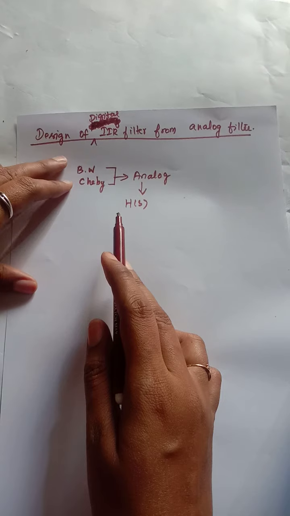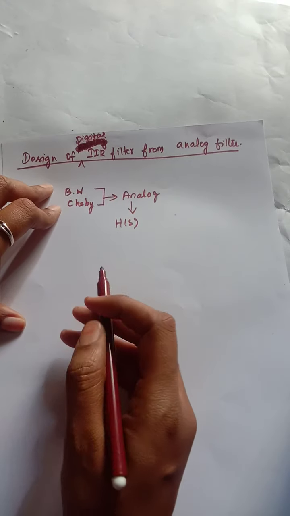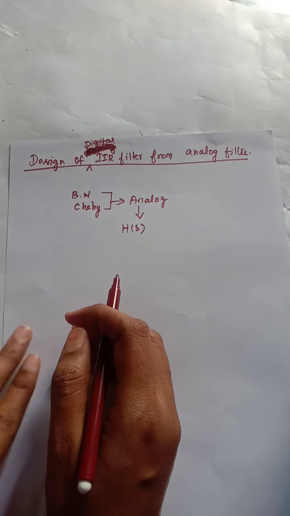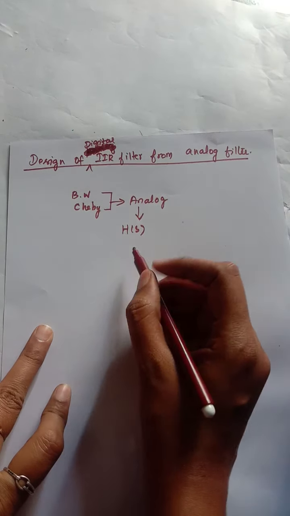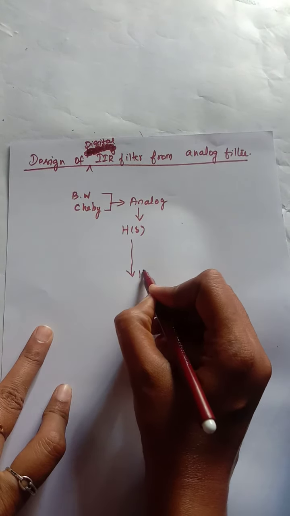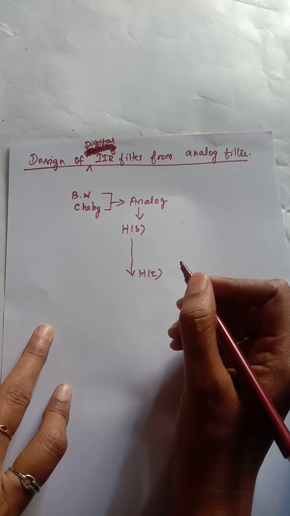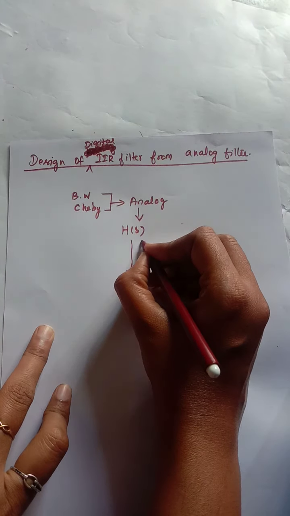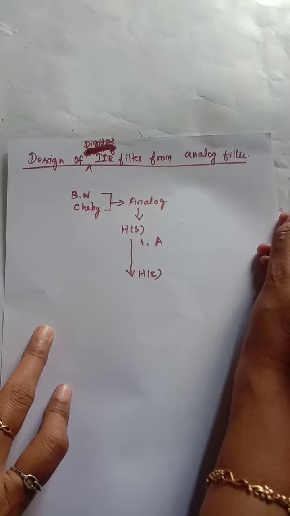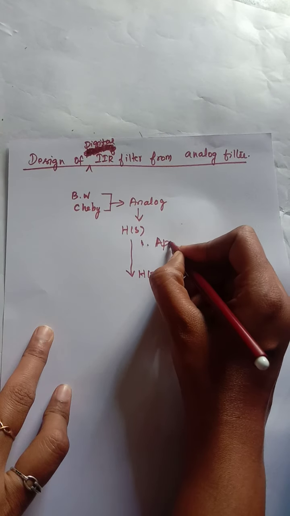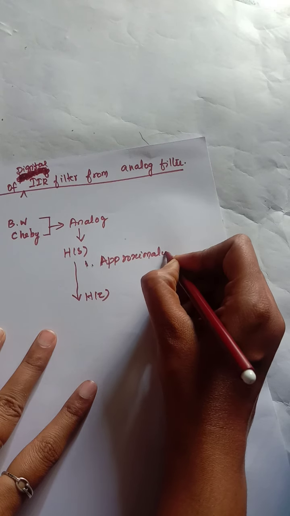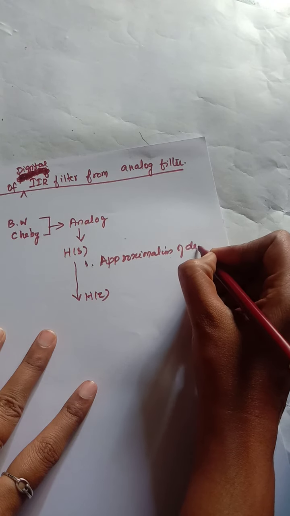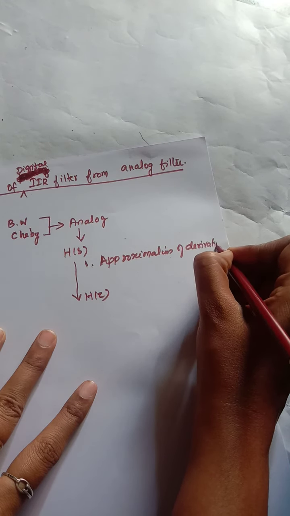Both have different procedures for the design of an analog filter, and we have discussed all these things. Now the concept is that we need to convert this analog filter into a digital filter using three methods. One is approximation of derivatives.